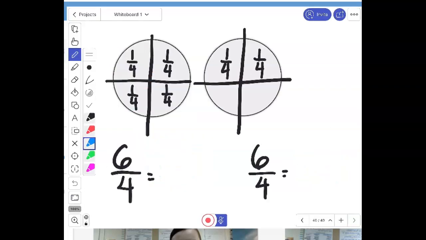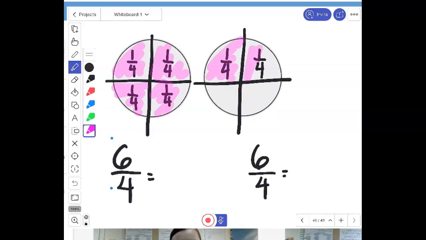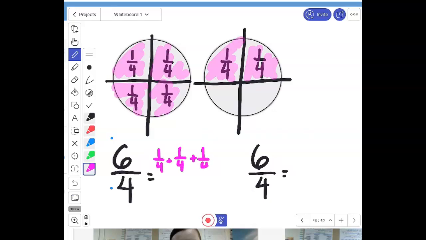What if it's a fraction greater than 1, like 6/4? I know that's greater than 1 because my numerator is greater than my denominator. If I go in there and shade it, that's 1/4 plus 1/4 plus 1/4 plus 1/4 plus 1/4 plus 1/4. I'm going to run out of space.